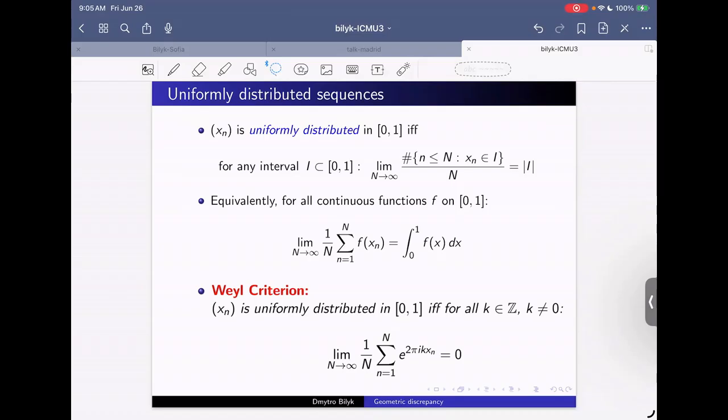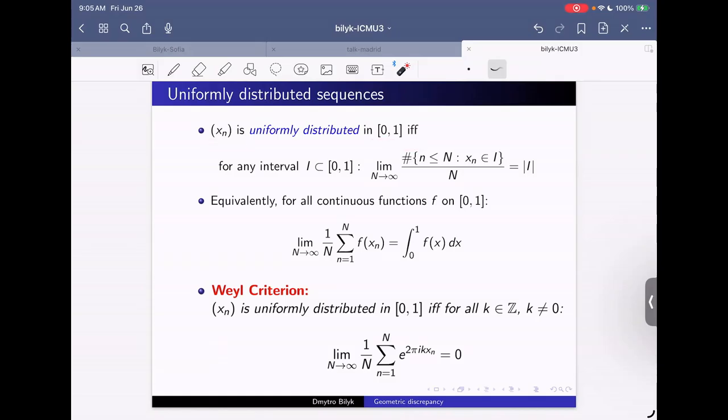Let me give you the main object. Let's start with the main notion. The notion that Hermann Weyl introduced in that paper is the notion of uniform distribution of a sequence. Assume you have a sequence in the unit interval.